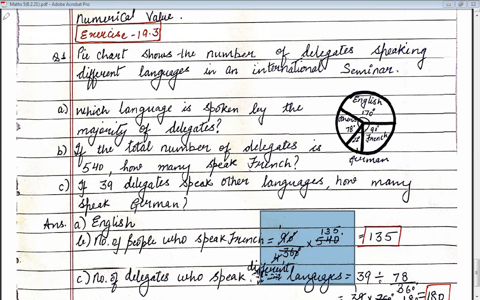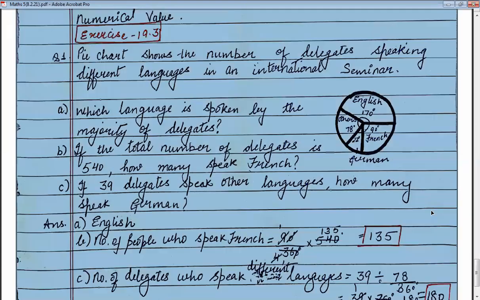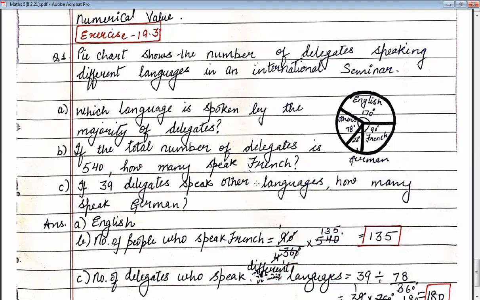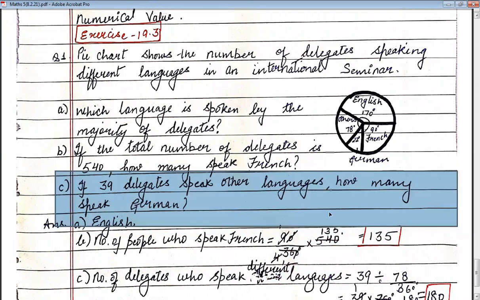Okay, children. Now let's move on to our C part. If 39 delegates speak other languages, how many speak German? Okay, so now children, here the number of delegates who speak other languages is given. Then you have to find the people who speak German.